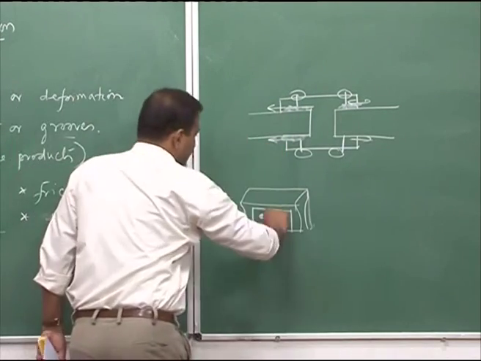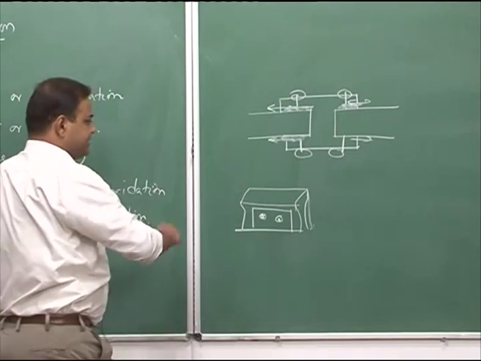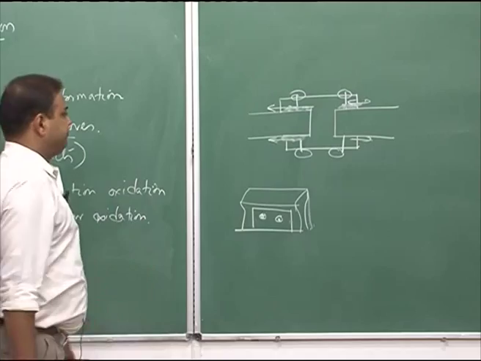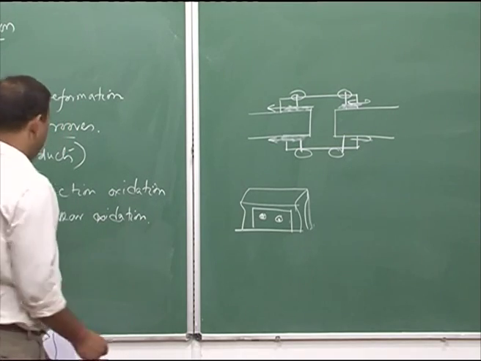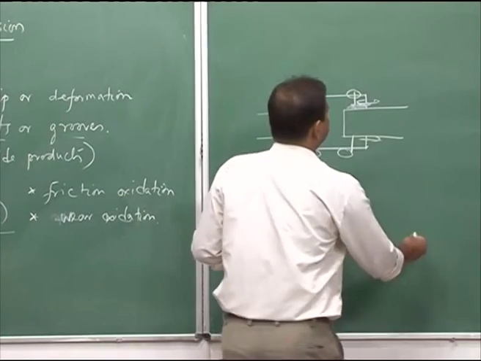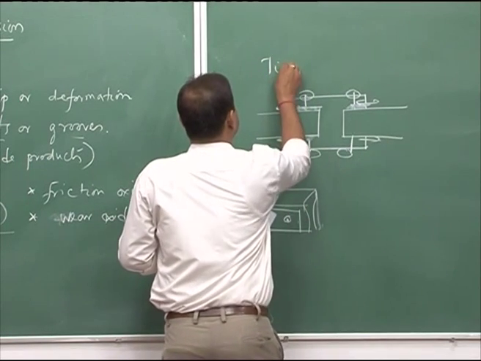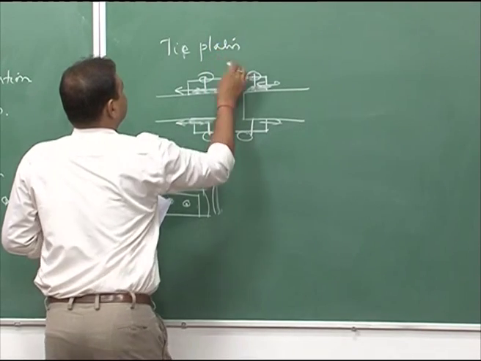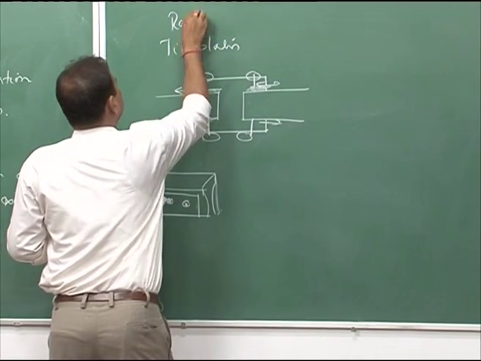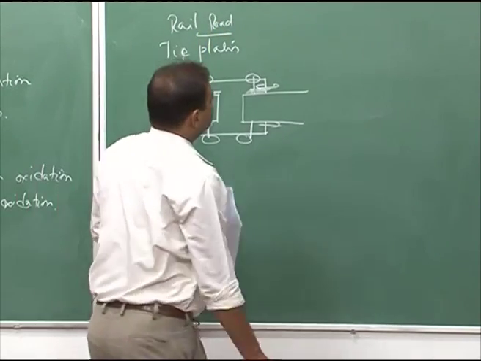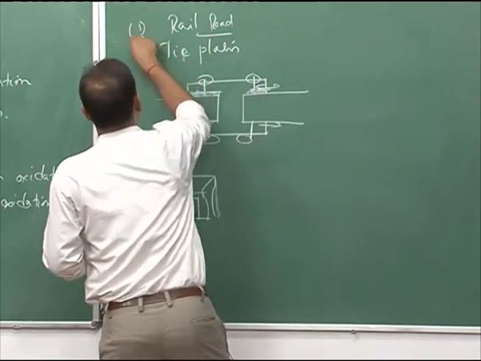So from time to time they have to be tightened just to keep these two blocks under pressure all the time. This is one common example, the tie plates of the railroad.